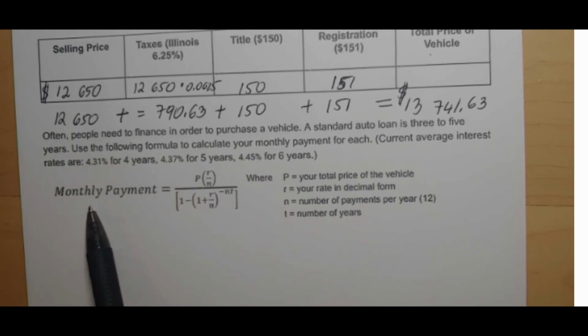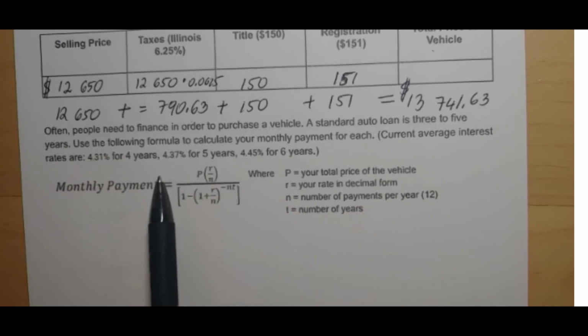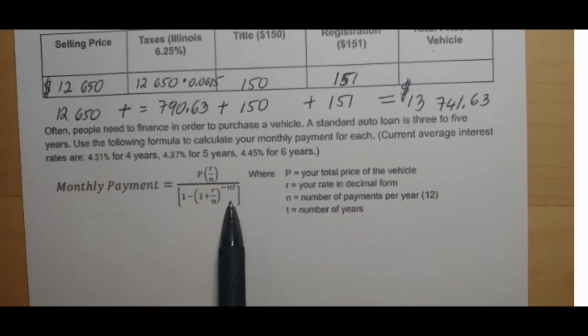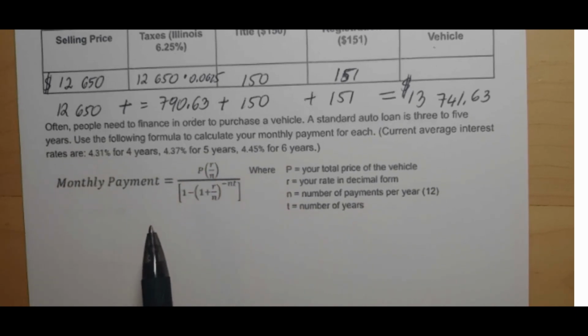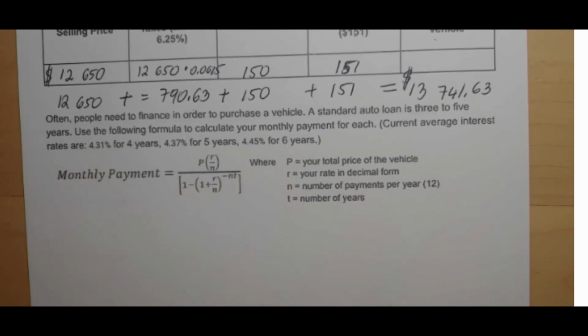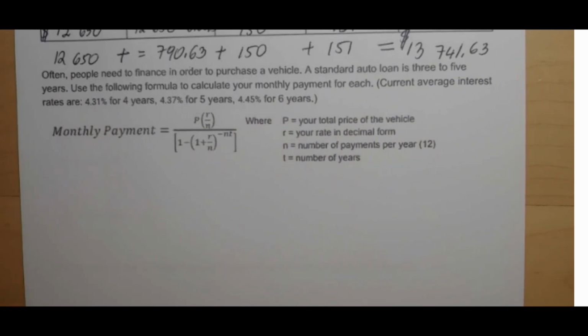The formula for the interest rate for the monthly payment is kind of a little bit complicated. So let's say you didn't put any money into this car, and you want to finance it all.